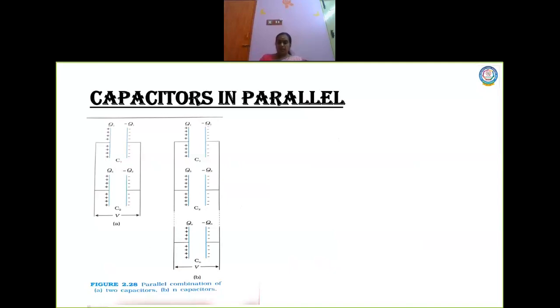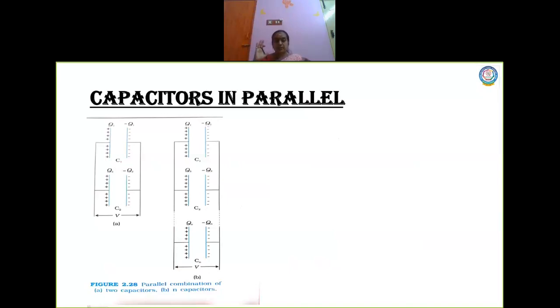The same thing. Now here, in series connection, we saw that the charges remain the same, potential difference was varying, whereas when you connect capacitors in parallel, the same potential difference is applied across both the capacitors, but the charges will vary on capacitor 1 and capacitor 2.